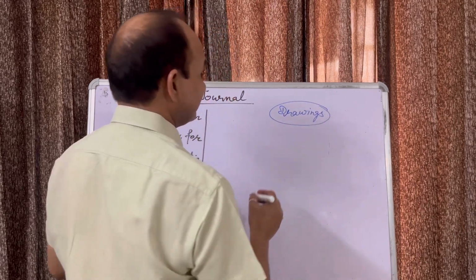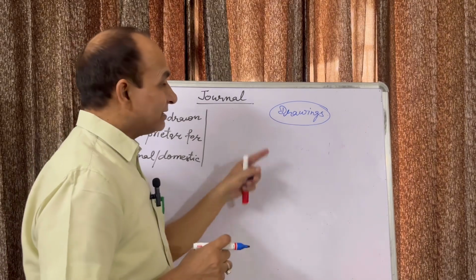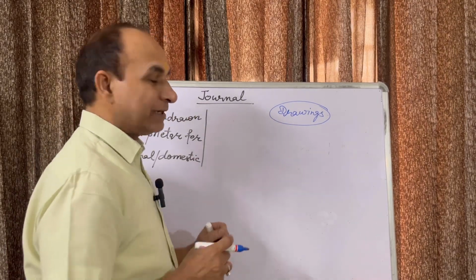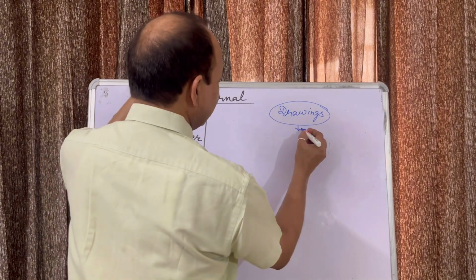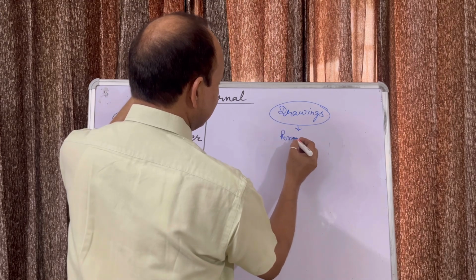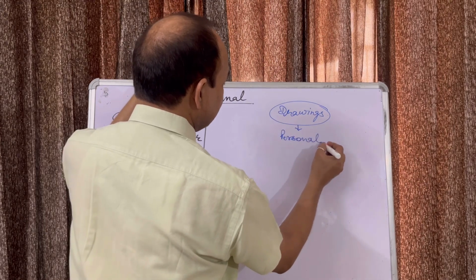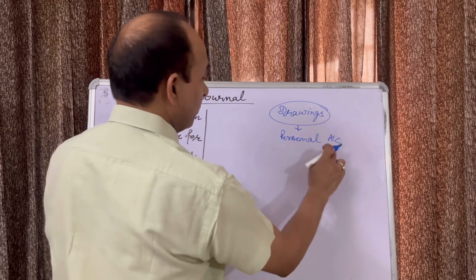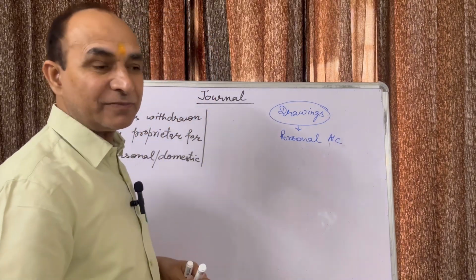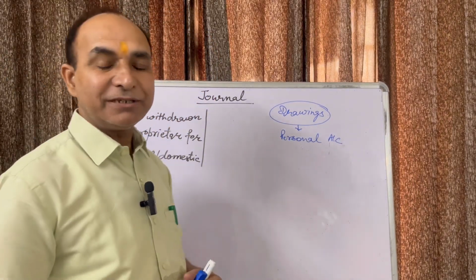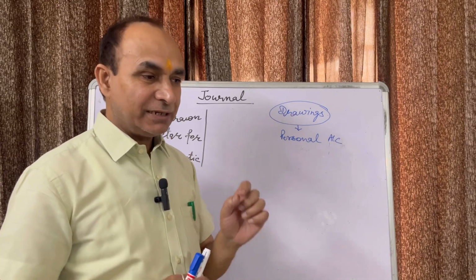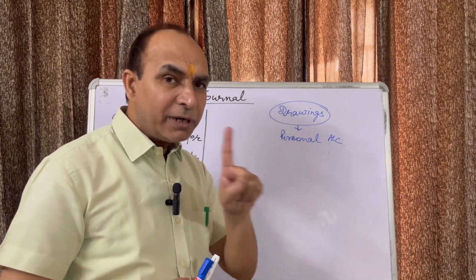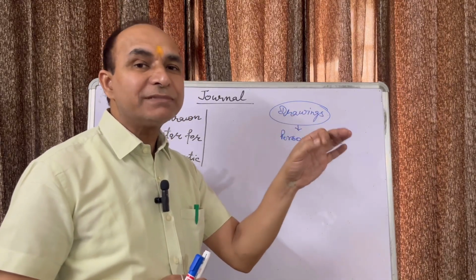We must know what is the nature of drawing account. Friends, drawing is a personal account. Why is this a personal account? Students, remember one thing. In business, no account is opened by the name of the businessman.